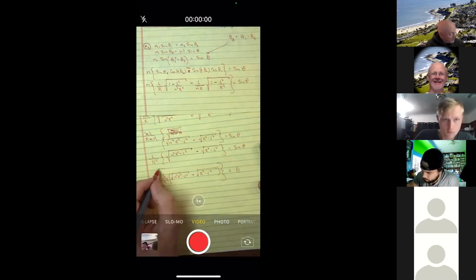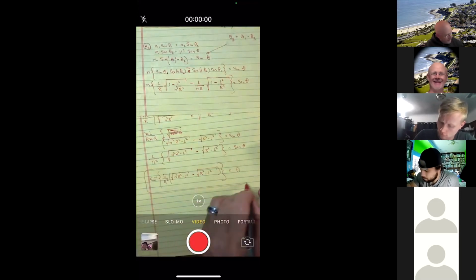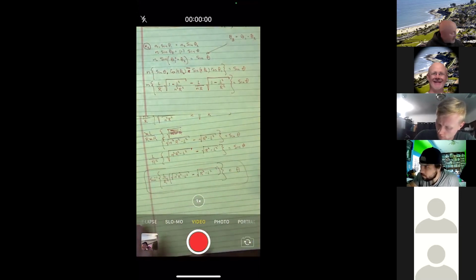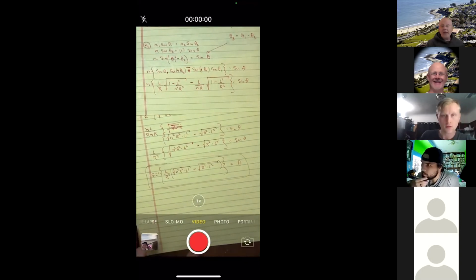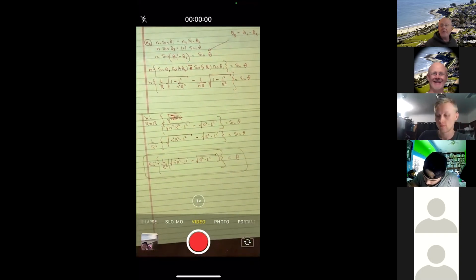Yeah. And I did this right. I was like, well, no wonder I didn't see anything that made that theta 2 and theta 1 simplify.